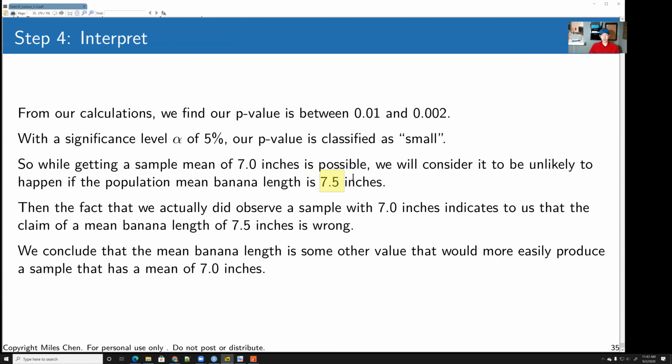So the fact that we observed a sample with a mean of 7.0 inches indicates to us that the claim that the mean banana length is 7.5 inches is wrong, and therefore we reject the null hypothesis. We conclude that the mean banana length is some other value, maybe 7.1 or 7.2 or 6.8, that would more easily produce a sample that has a mean of 7.0 inches.